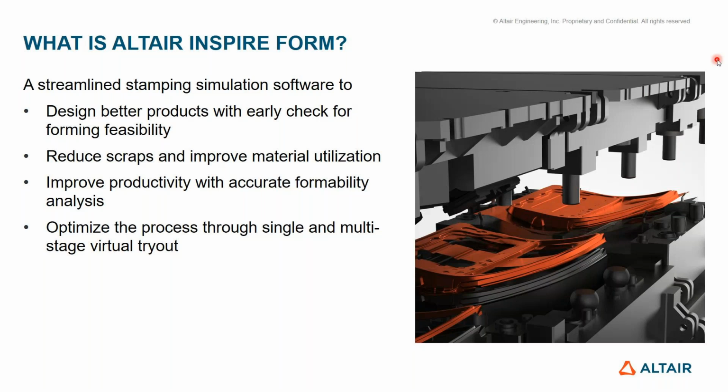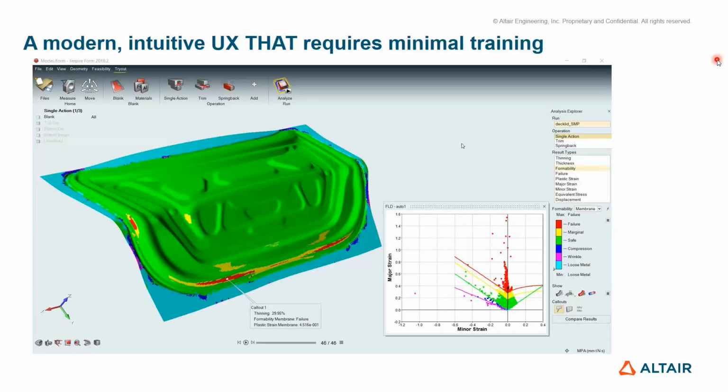Along with that, you will be able to unblank and nest the pattern and so on. This is the GUI of Inspire Form. What you are seeing is the formability limit diagram, which shows the thinning, thickening, failure region, plastic strain, major strain, etc.